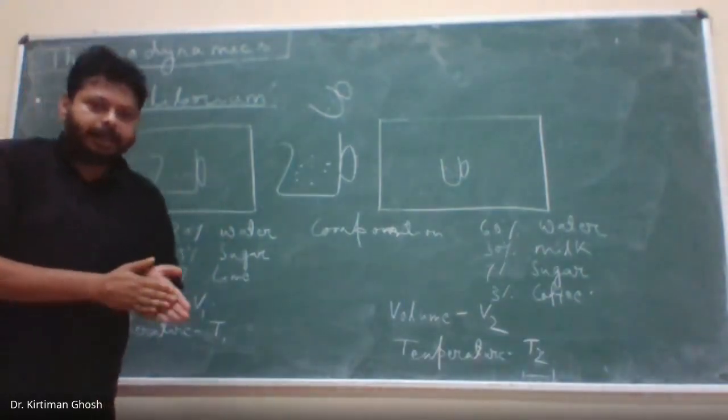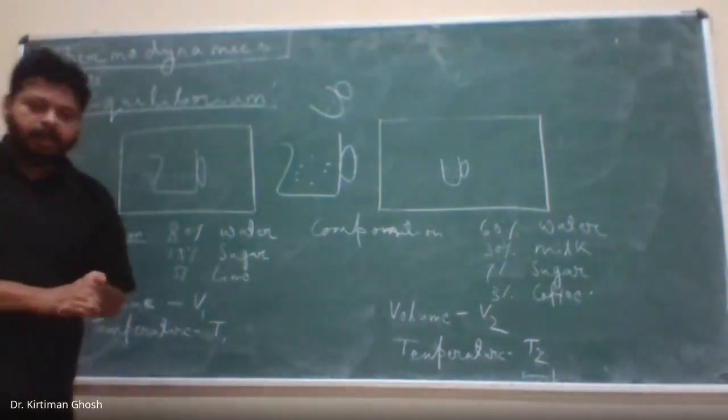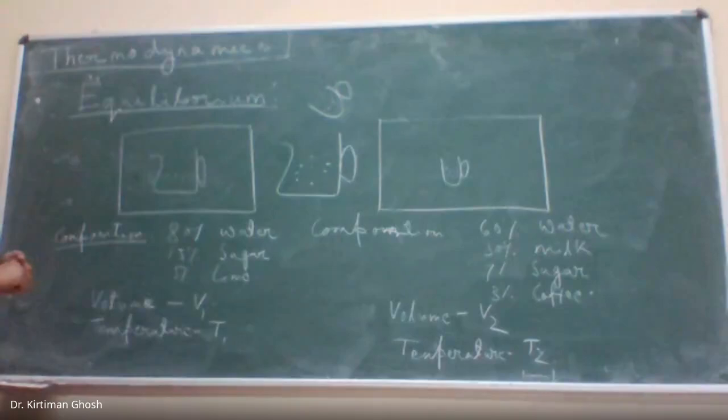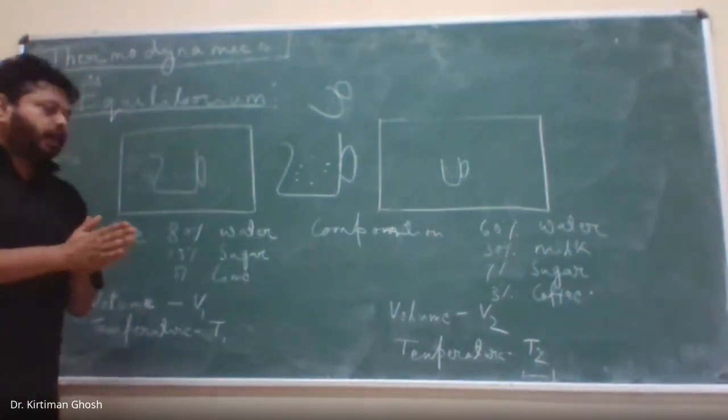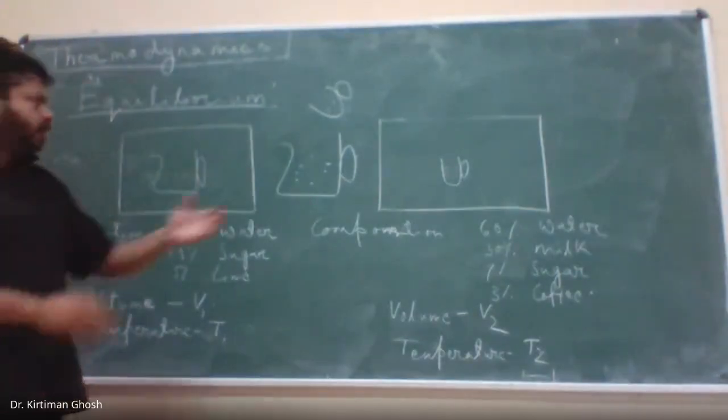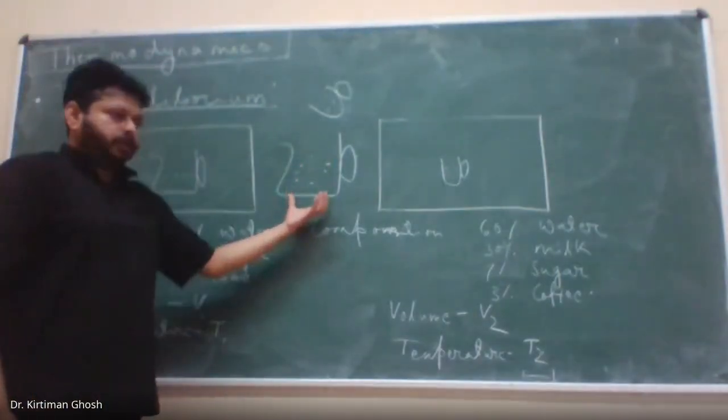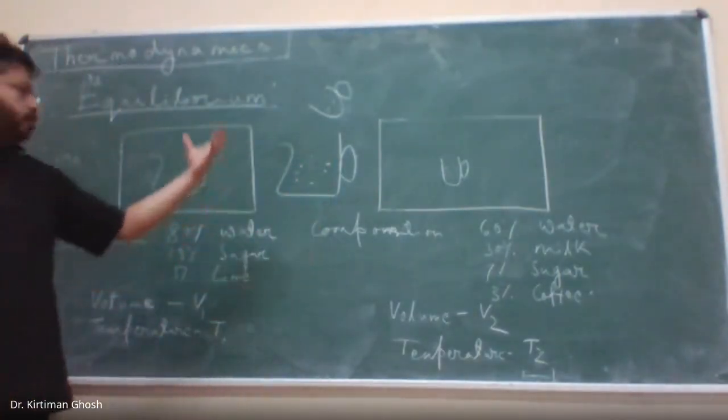We can only define the macroscopic properties or the thermodynamic variables for a system which is in equilibrium. For a non-equilibrium system, we cannot do that because there is no uniform temperature for this system, there is no uniform composition of this system.